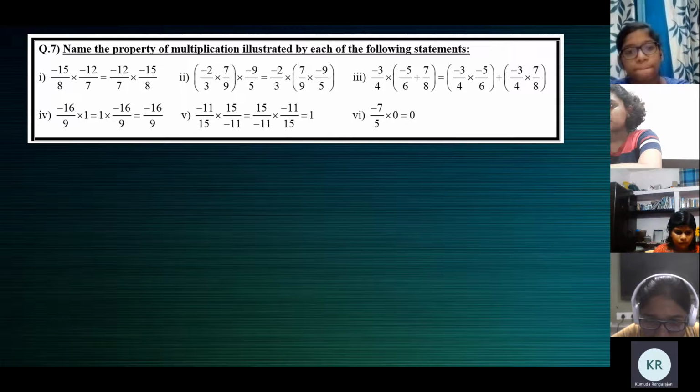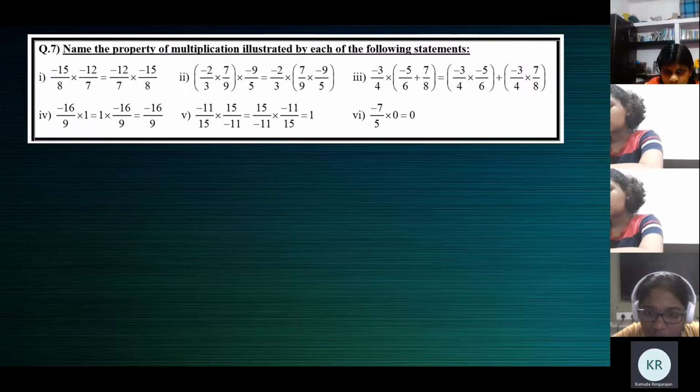Yes, next one, Bhavishya, you can try this again. It is additive inverse of multiplication. Where is the addition symbol here? No, multiplication. Multiplicative identity or inverse?